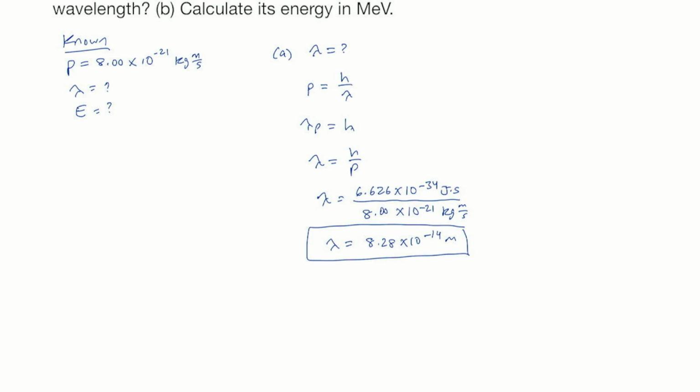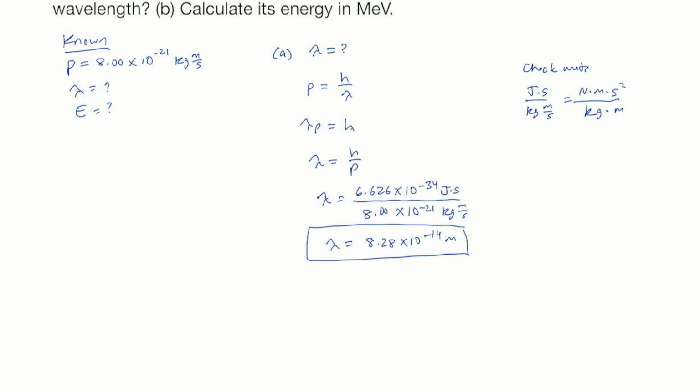We can check the units. We have joules times seconds divided by kilogram times meters per second. Okay, so a joule is a Newton meter times the second. Then we are dividing by kilograms times meters, and then the seconds goes upstairs, so the seconds become squared.